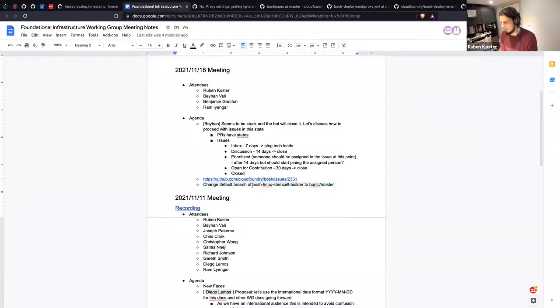The other thing, I thought maybe it's time to change the default branch of the bosh-linux-stemcell-builder to Bionic master. Yeah, that's a good idea. The master branch is out of sync, nobody is using it, and it's confusing for people that make PRs. We have had a few PRs the last few days against the master branch, which didn't make sense. A few PRs wouldn't have been there because people would just start building Bionic and everything would work.